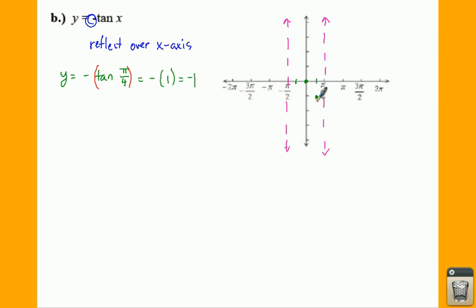Here's your dot. Then we want to find y equals the negative tangent of negative pi over 4. We know tangent of negative pi over 4 from the previous problem is a negative 1. So that's going to be negative negative 1, which is a 1. So back pi over 4, up 1, put a dot.